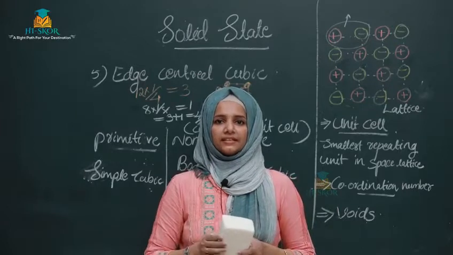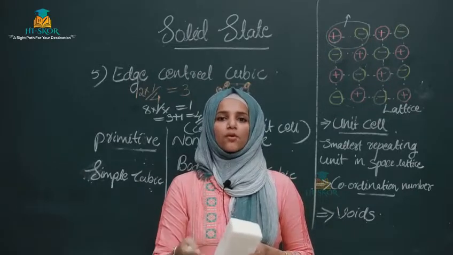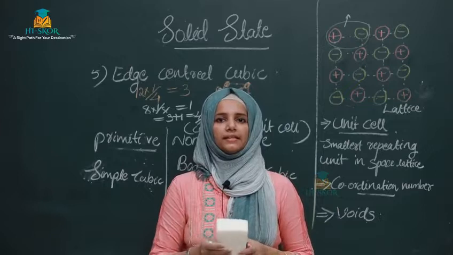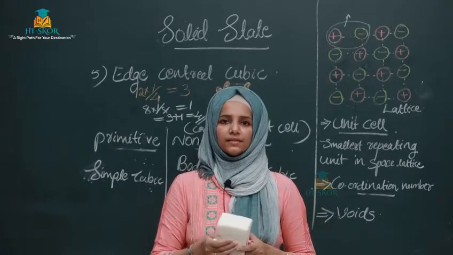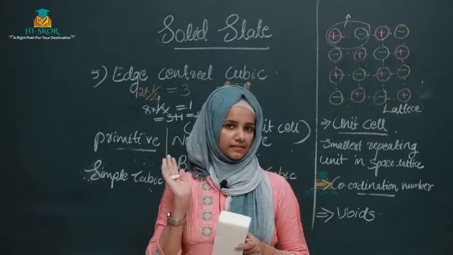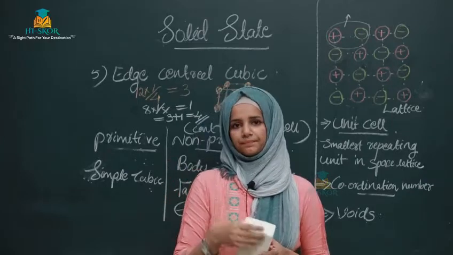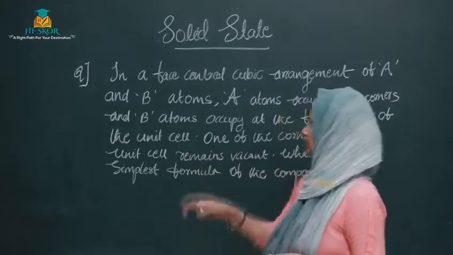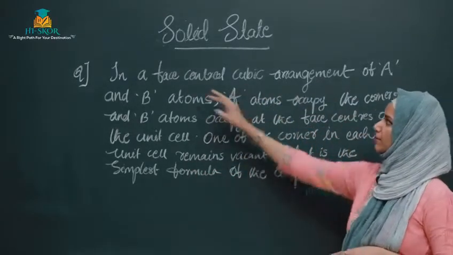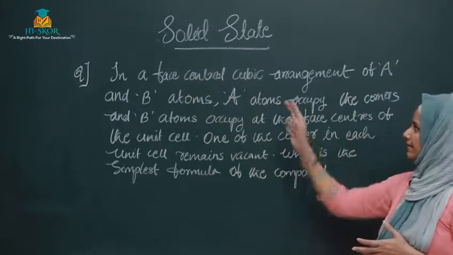Based on these concepts, we have a number of problems to solve, and usually these problems are asked in the exams also. So we will do the next 2 problems based on this. Okay, now we will do some problems. So in this particular problem you can see, so just read the problem.